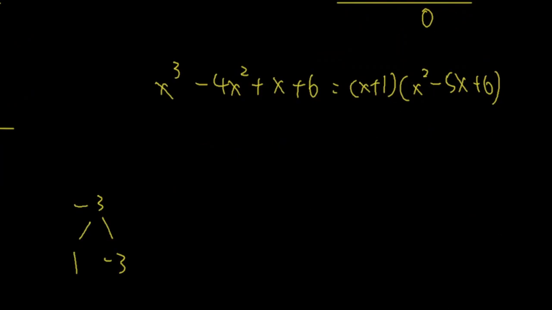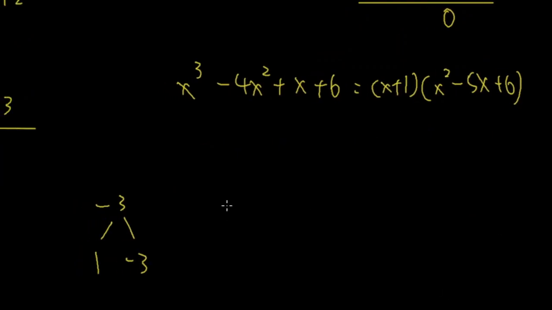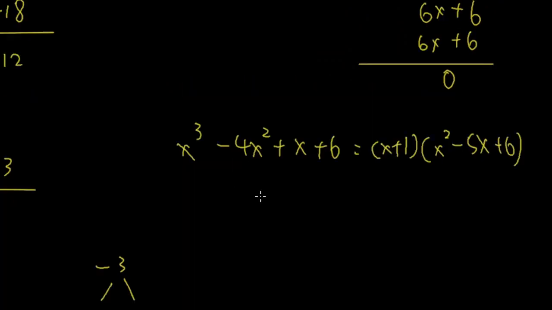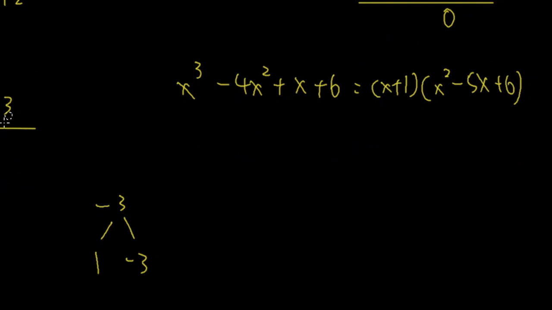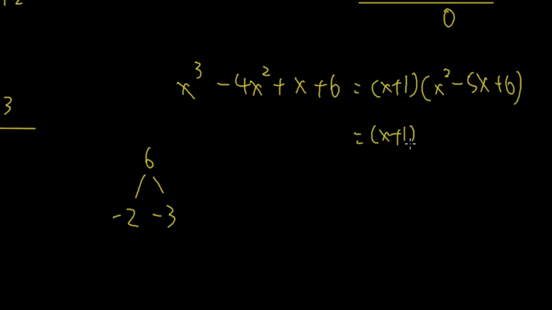I think so. Try it. Since the leading coefficient is 1, find two numbers that when you multiply together give you 6 and when you add together give you negative 5. That will be negative 2 and negative 3. So that's equal to x plus 1 times x minus 2 times x minus 3.